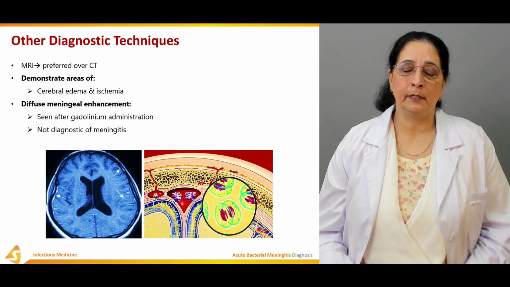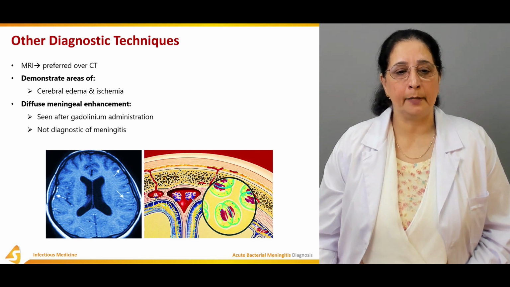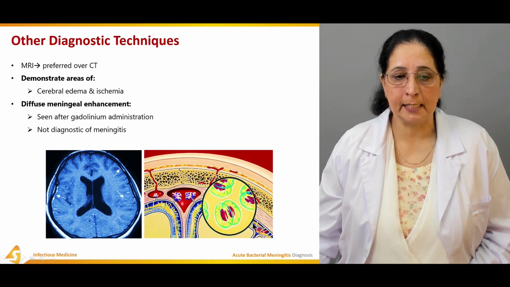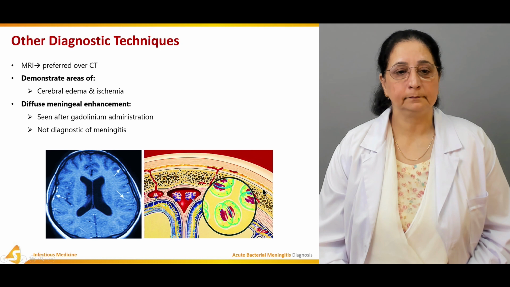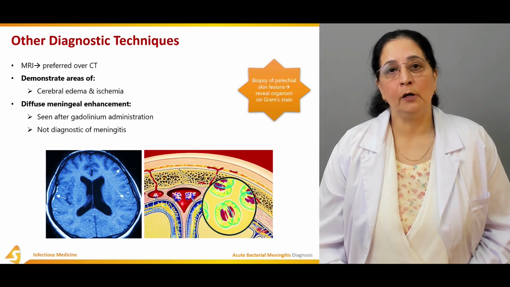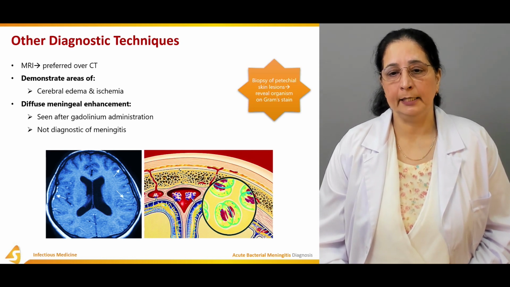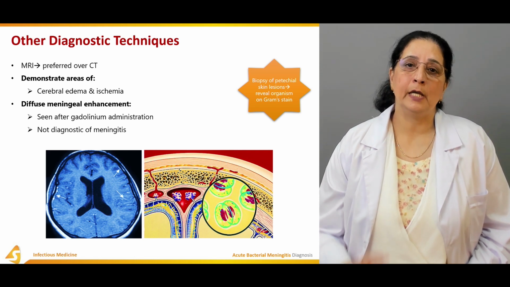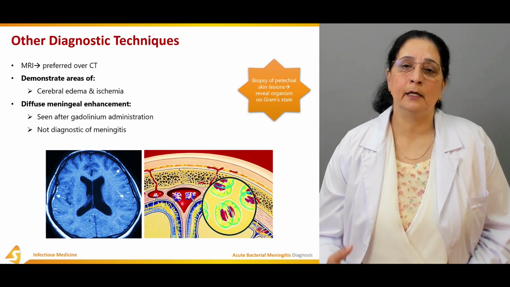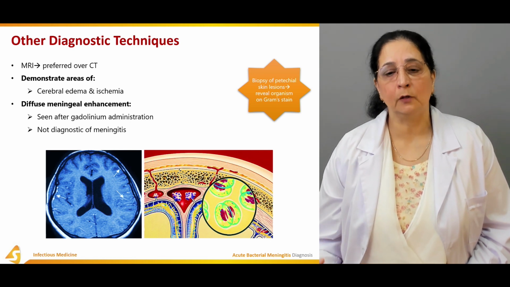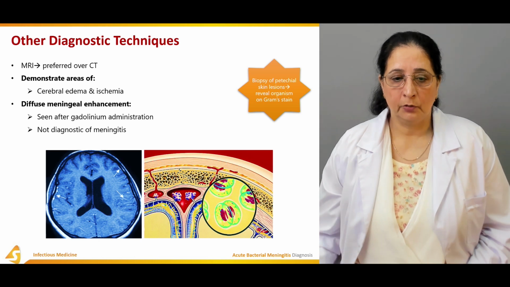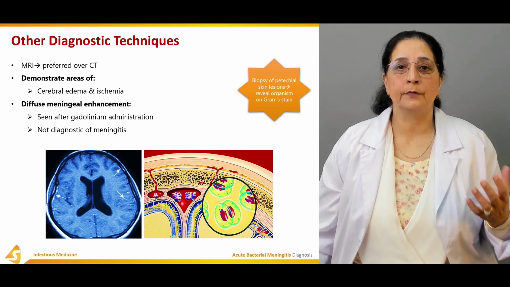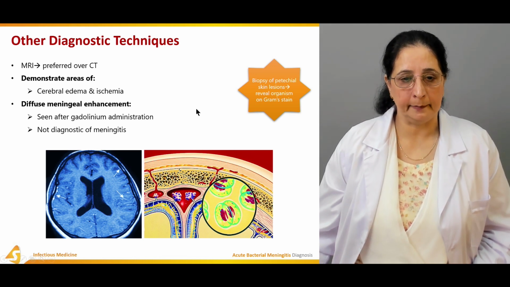So CT and MRI can be done, which tell us the areas of edema and ischemia present. Biopsy of petechial skin lesions reveals the organism on gram stain, because we know that Neisseria meningitidis, meningococcemia, causes the skin lesions.